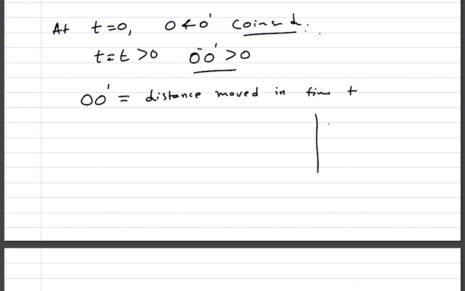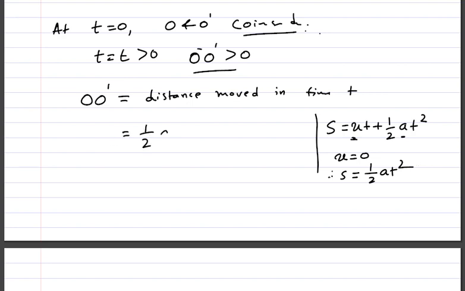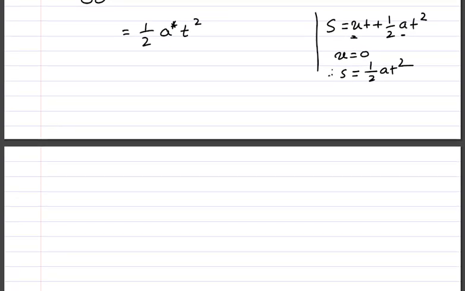You might remember the equation for the distance moved in accelerated motion: S is equal to ut plus half a t square, but u is the initial velocity, and u is equal to 0 here. Therefore the distance traveled with the acceleration is half a t square. So here it is half a star t square, where a star is the acceleration here.